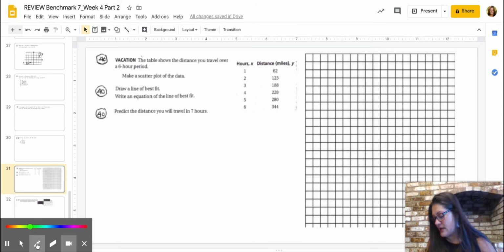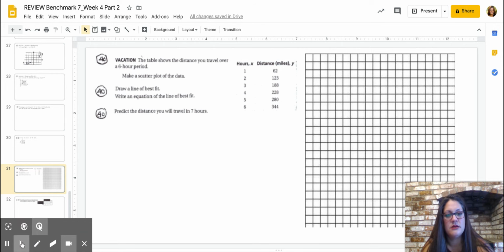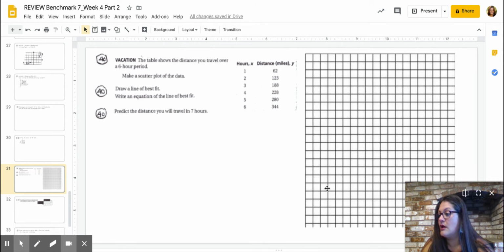Okay, so first we need to do a scatter plot. Maybe I want to move that because of my head. I need to go up to, how far away are we going? A distance of 344.